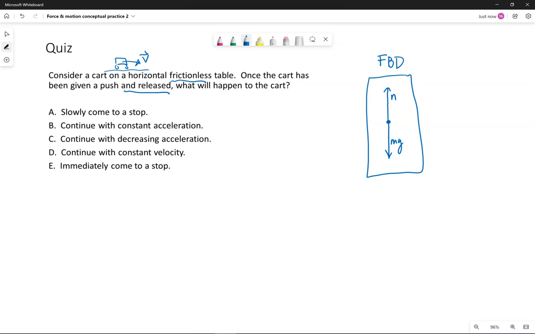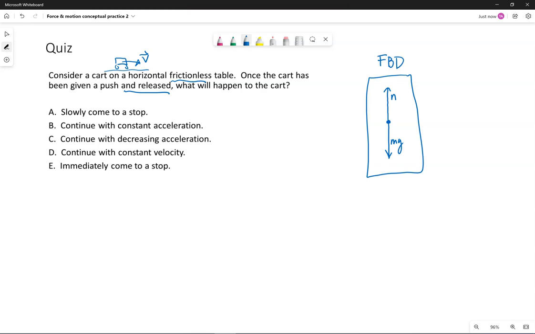Since the cart is moving on the horizontal table, just commonsensically, if we rolled something across the horizontal floor, in terms of up and down motion, the y direction, we know the normal force needs to cancel out mg. Otherwise, there would be acceleration in the y direction.